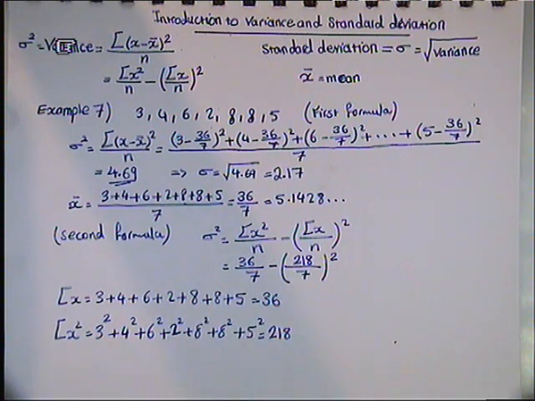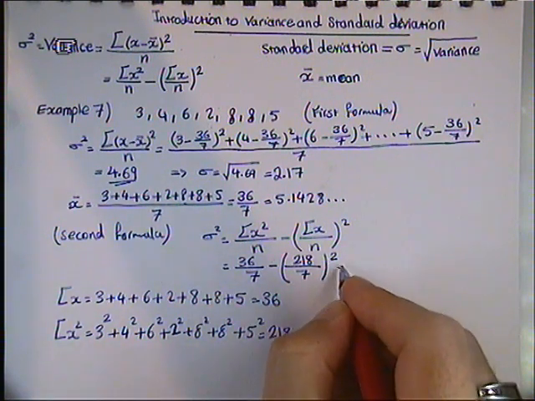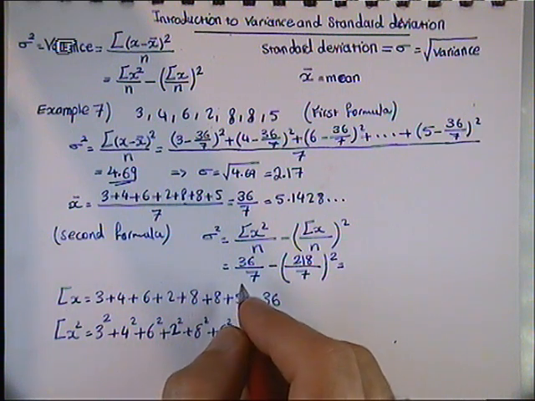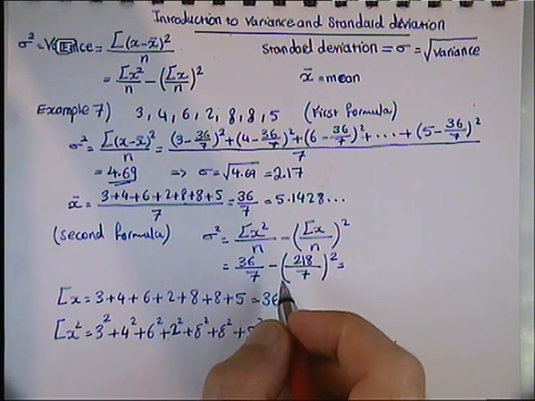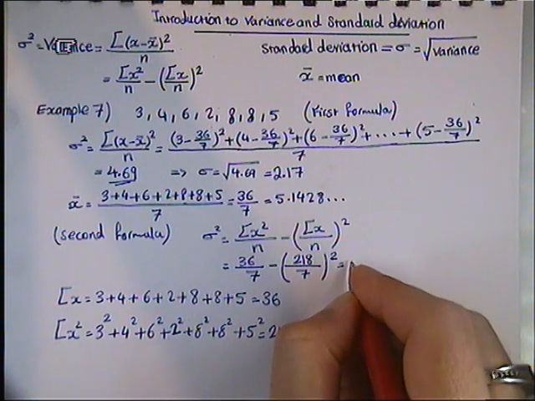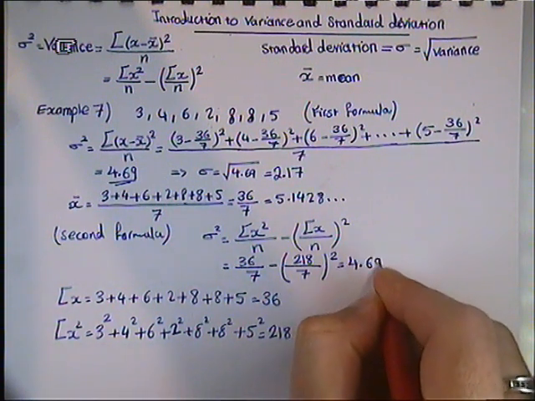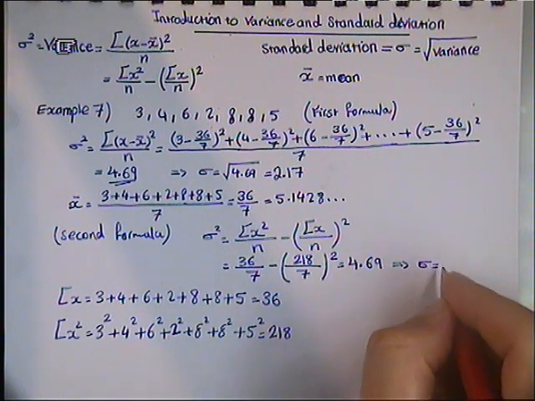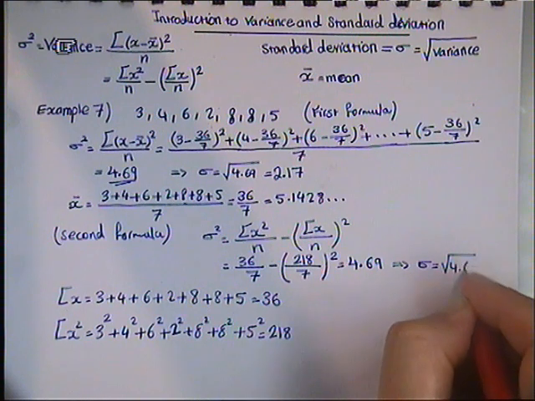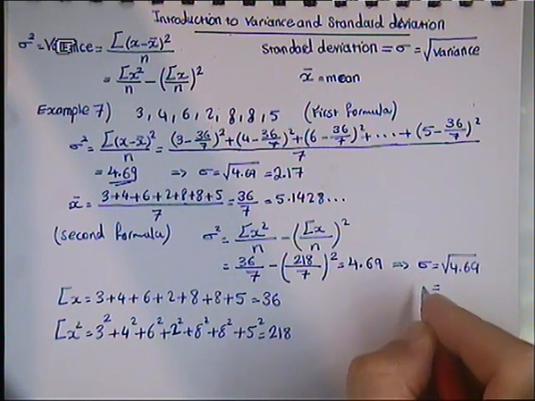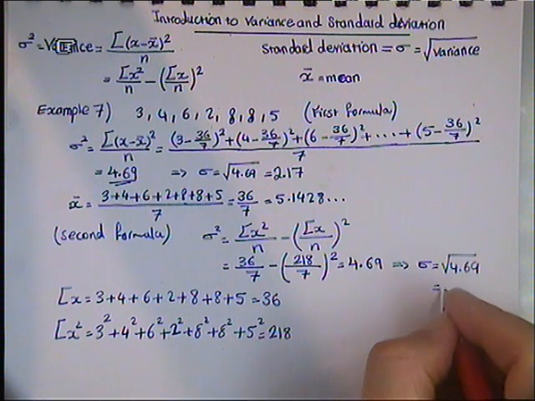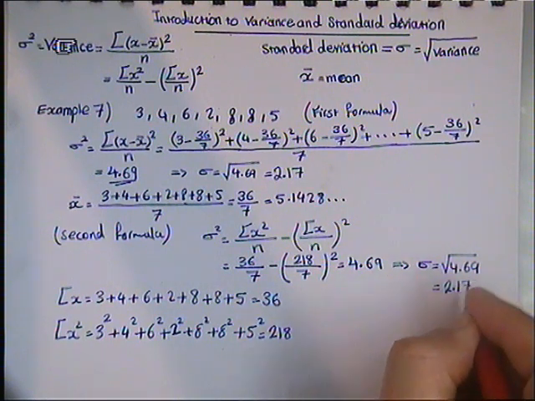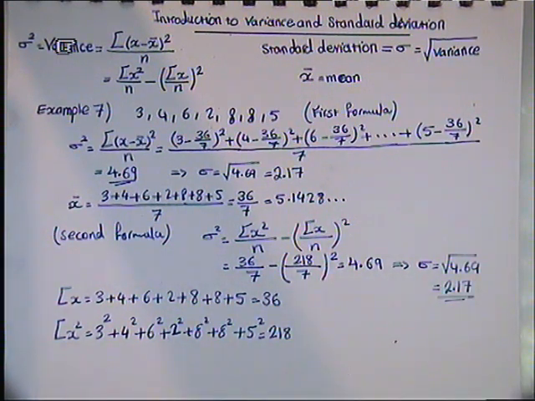So using your calculator, 218 over 7 minus (36 over 7) squared, which should be 4.69, and therefore sigma, or standard deviation, is the square root of 4.69, which is equal to 2.17.